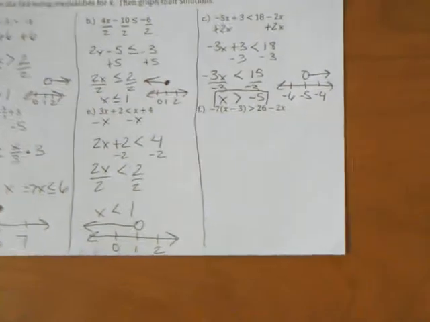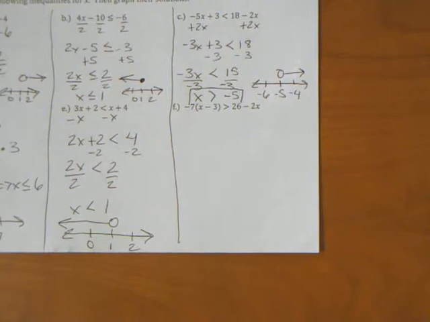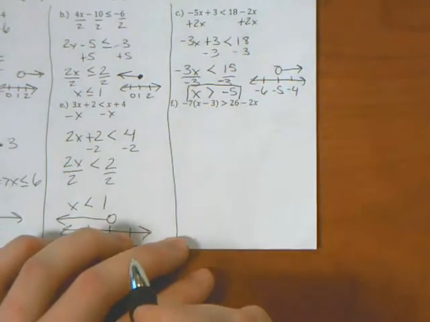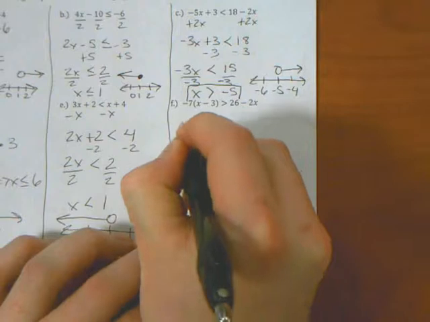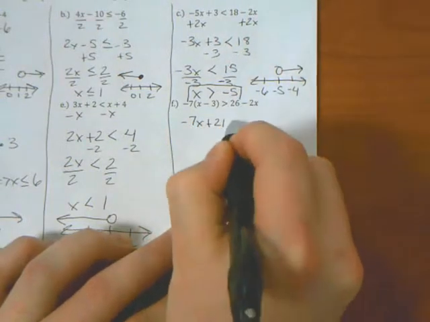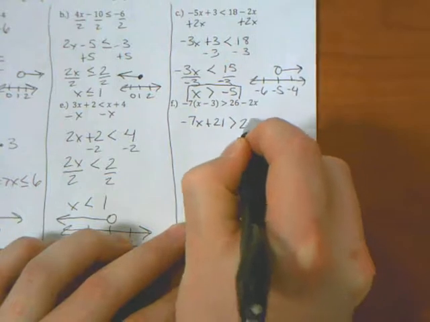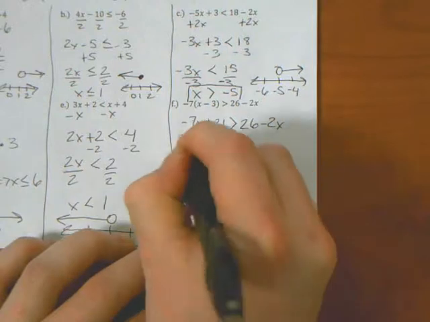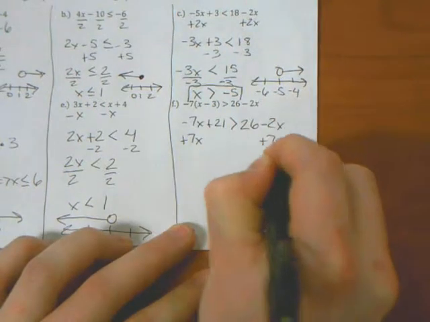Now I'd like someone to walk me through their thought process for F. Nathaniel. We're going to use the distributive property, so what do we get on the left side? Plus 21. Perfect. Adding 7x to both sides.